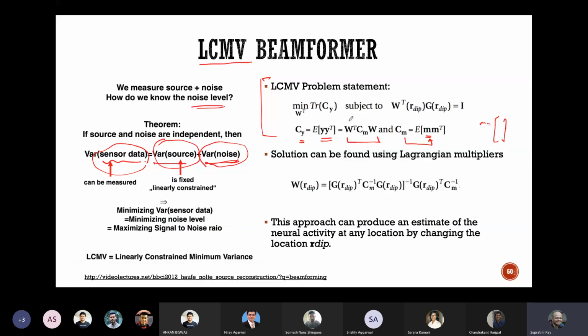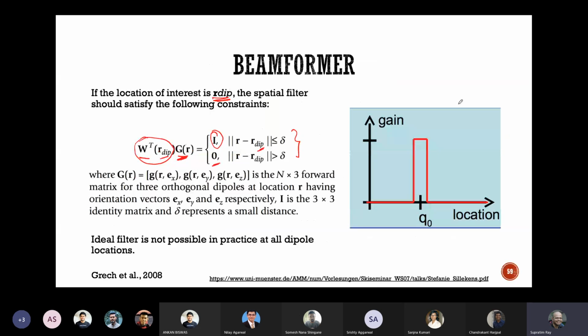You don't know what W is though, so you only know what CM is. However, you can put a constraint on W and say that I want a W vector such that the W vector computed at R dip multiplied by the gain field matrix at R dip is the identity matrix, which is this condition here in the vector form.